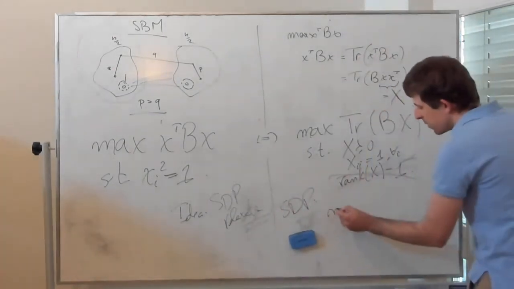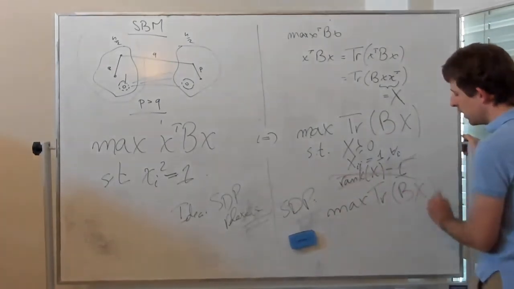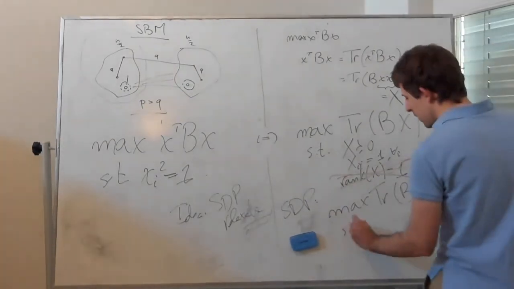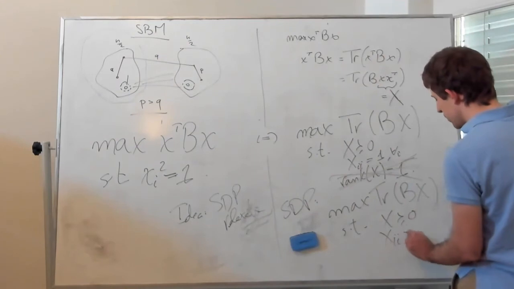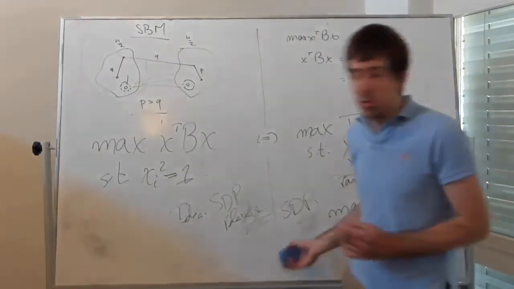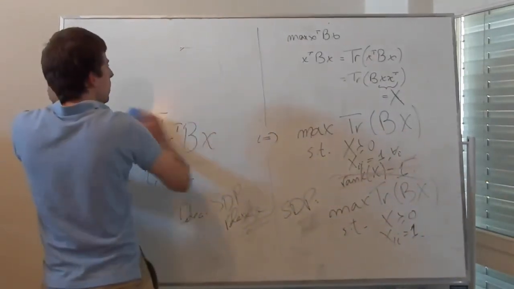Our SDP is max trace BX. Notice how this is just like in Goemans and Williamson, such that X is positive semidefinite and Xii equals 1. Just like in Goemans and Williamson, this is something we can solve up to arbitrary precision in polynomial time.